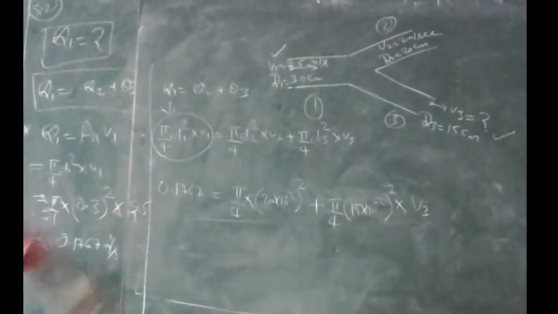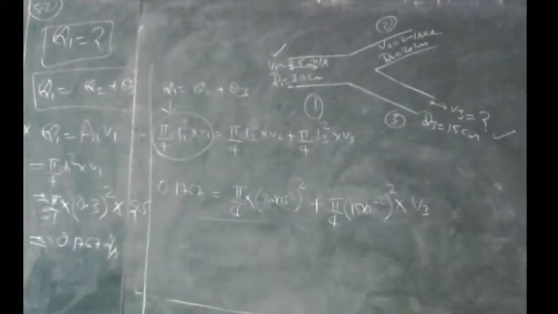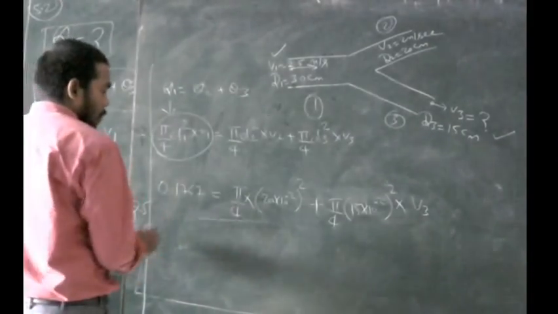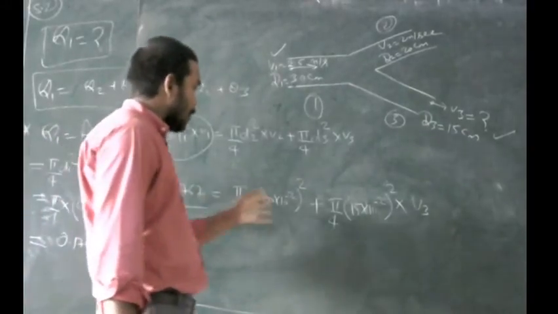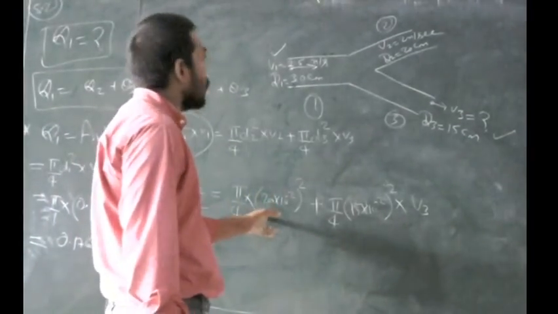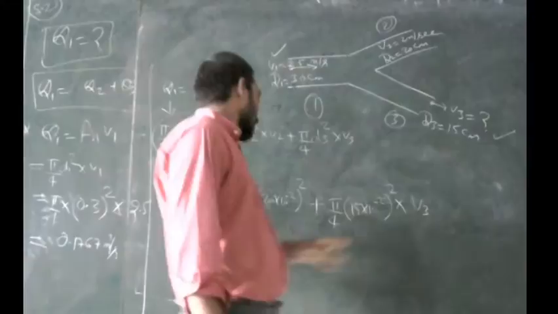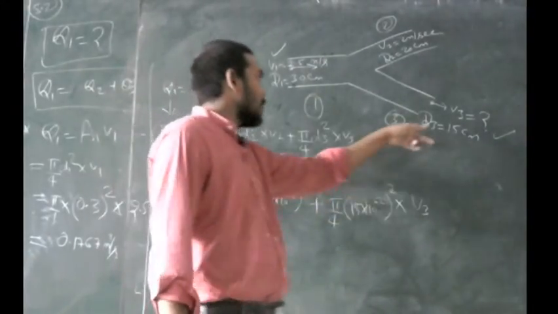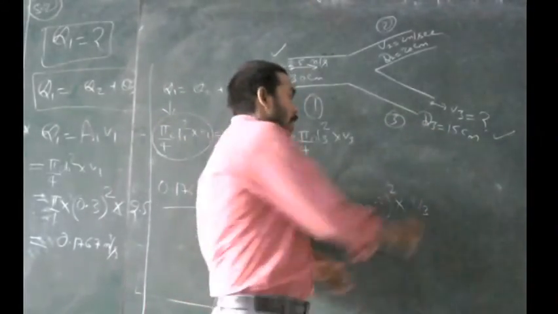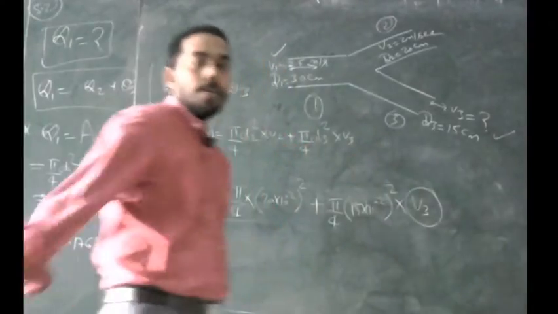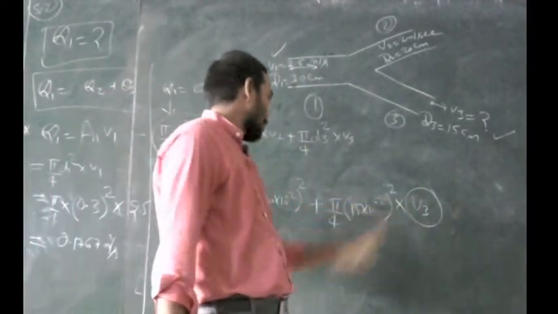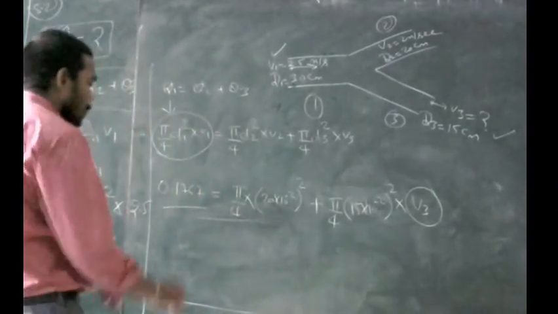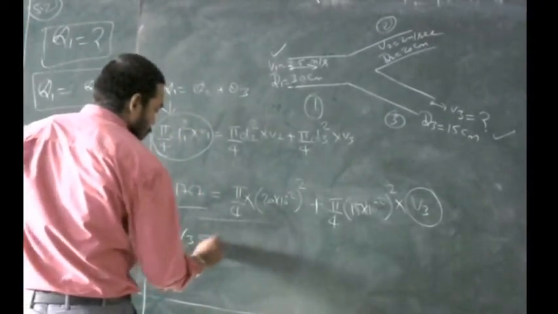From this equation we can find out V3. We know pi by 4 D2 square, D2 is 20 centimeter, pi by 4 D3 square, D3 is 15 centimeter, and V3 is the unknown quantity. So in this equation only one unknown quantity is V3, so we can find it by solving.